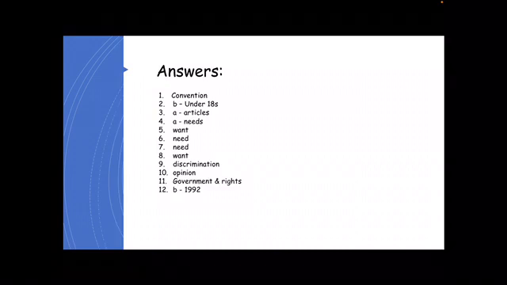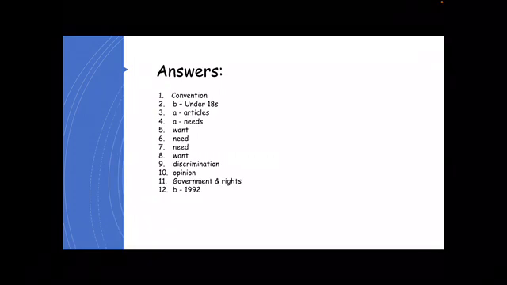So the first question was the United Nations what on the rights of the child? And it was the word convention. The United Nations Convention on the Rights of the Child. Question number 2 was the UNCRC protects people of what age? And the answer is under 18s.